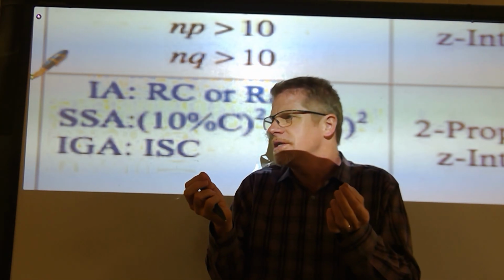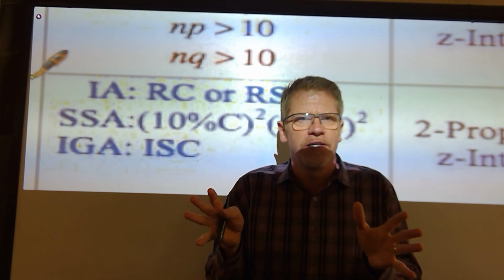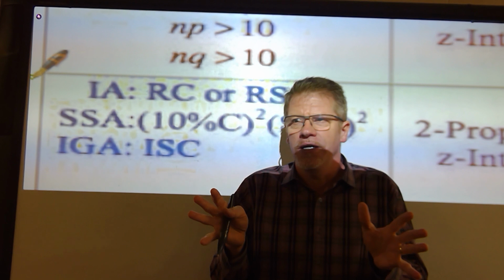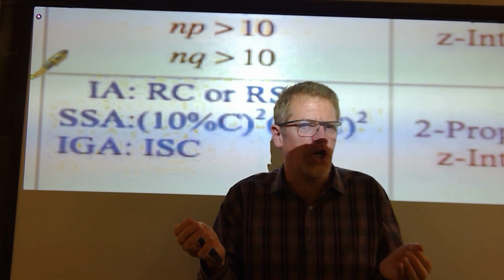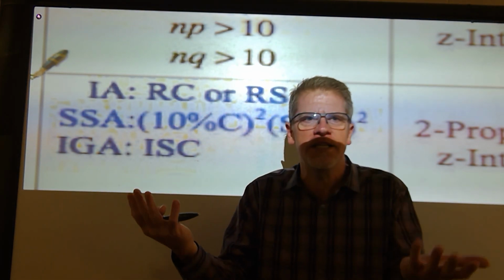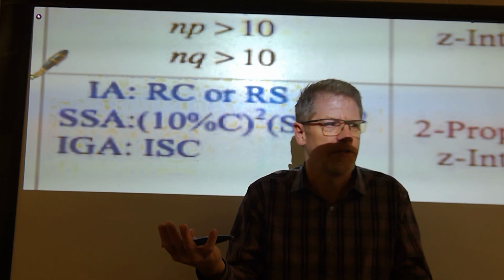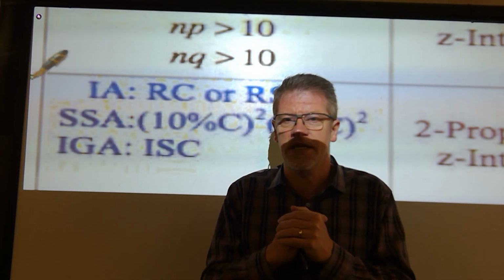That would not satisfy the independent samples condition. Wait a second. Yeah, some are from Mexico, some are from America, but they belong to the same fan club. They're getting the same literature. These are not independent samples. So that would be an example of a violation of the independent samples condition.